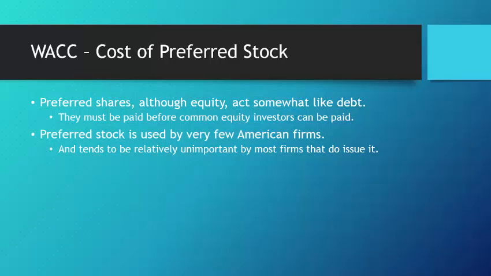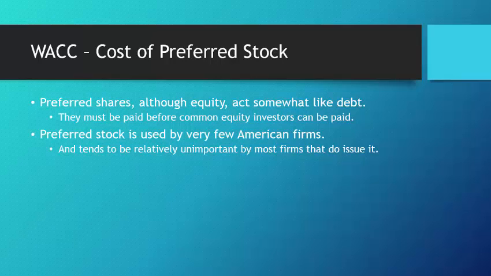Preferred stock is used by very few American firms. About a year ago, I tried to find examples of preferred stock in American firms for one of my undergraduate finance classes, and I had a devil of a time finding any publicly traded firm in the US that actually issues any preferred stock.